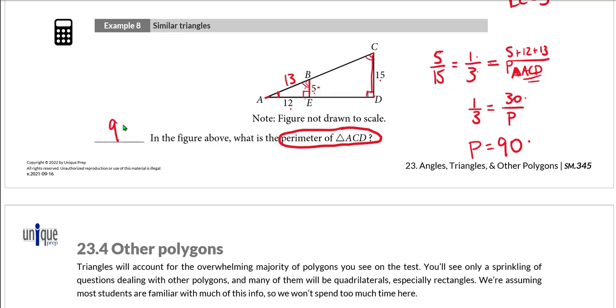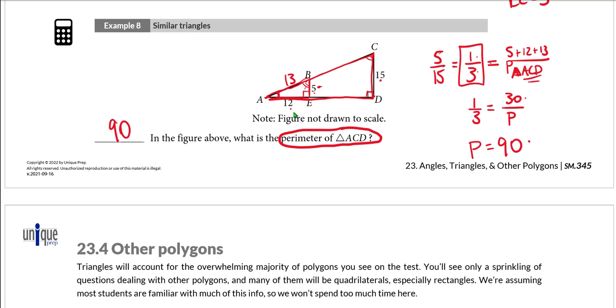So I have determined that the perimeter of ACD, the larger triangle, is going to be 90 by using the established ratio of corresponding lengths, the ratio established by that 5 to 15 relationship. And I know again that the perimeter of the small triangle will have that same proportionality to the perimeter of the larger triangle here.